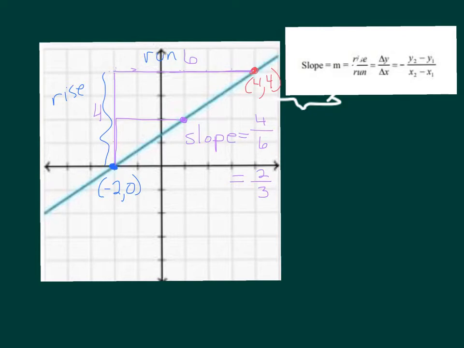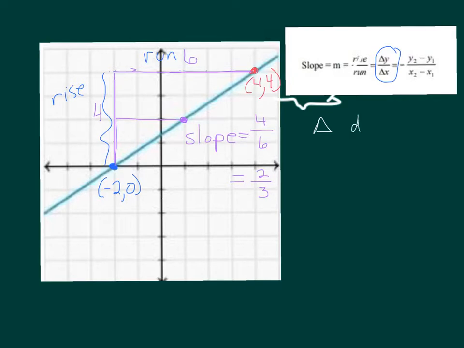Now you'll notice that there are some other notations here in the equation. If m is equal to rise over run, then we see the symbol here with the triangle. The triangle is really a Greek symbol, the actual letter D in the Greek alphabet, and it stands for the difference in the y values over the difference in the x values.